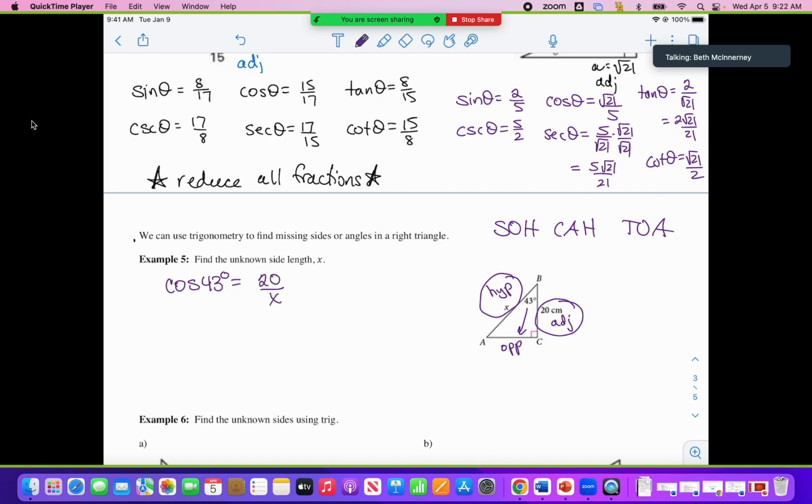Grab your calculators if you don't have them out, because we're going to need them. And your mode should be in degrees. You have a mode on your calculator. On the TI-84s, beside the second button is a button called mode. Press it and toggle it from radians to degrees.